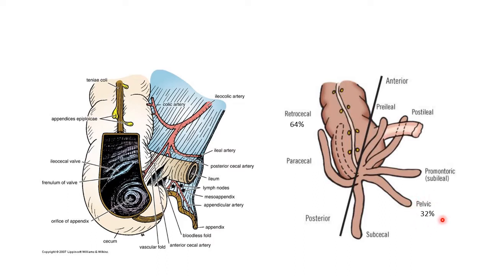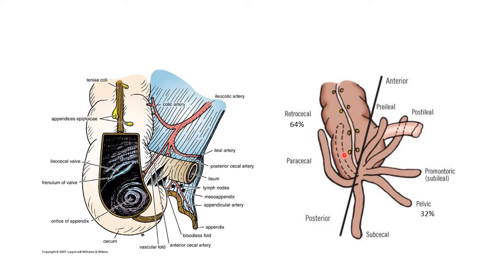The second most common position is the pelvic. So it's pointing infero-medially towards the pelvic cavity, and that's why it's called the pelvic position. This is in about 32% of people. So these are the two most common positions.